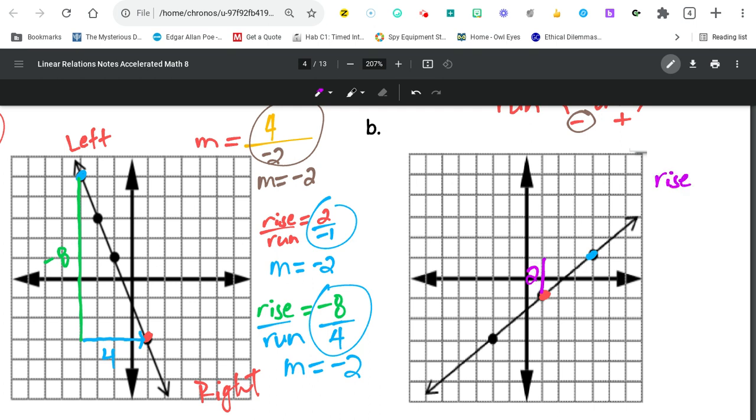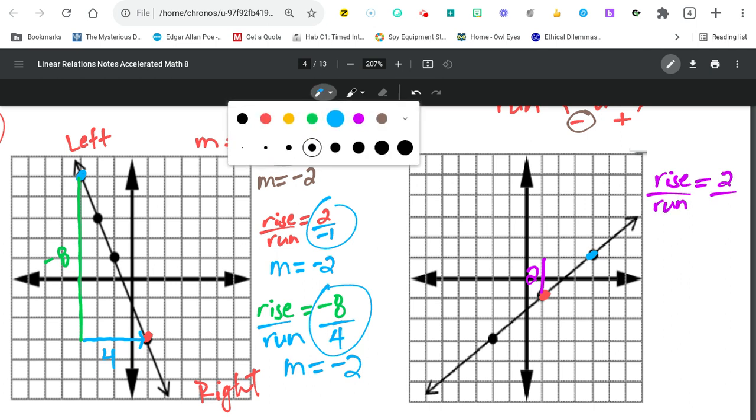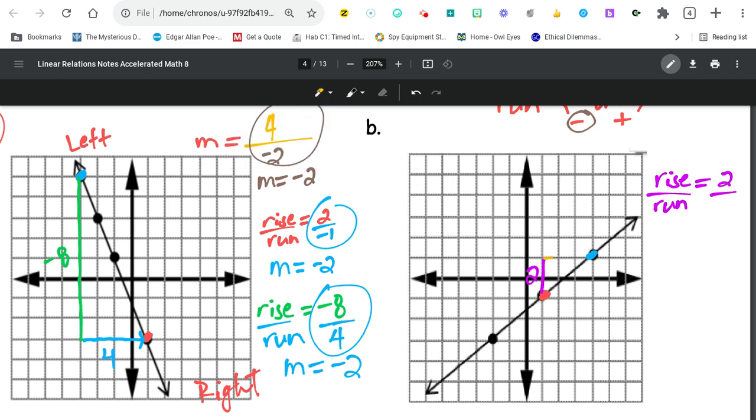So this is a rise of 2. And the run, of course, which way am I going? So you have to consider direction. I'm going to the right 1 unit, 2 units, 3 units, to right 3. So my slope is simply 2/3, and it can't be simplified. That's it.